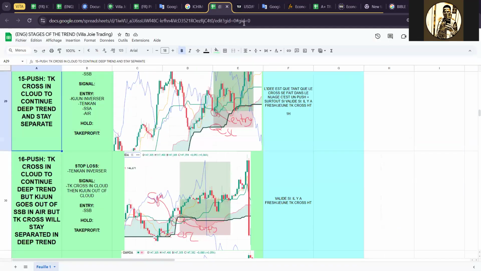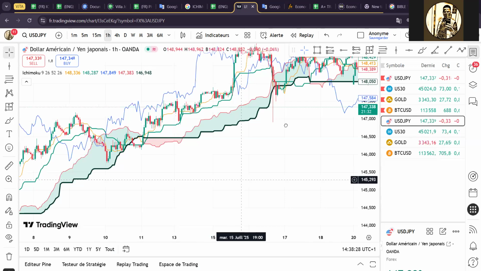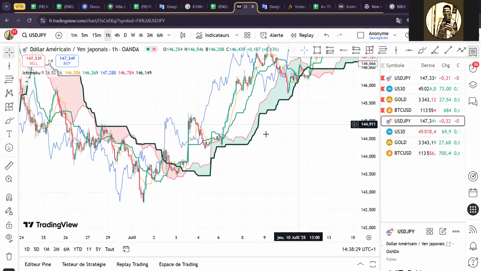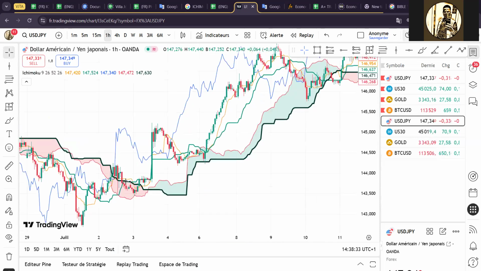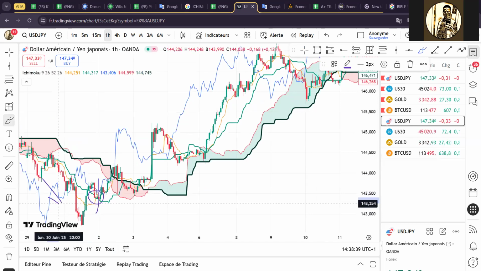The push, what is the push? The push is the fact that each time TK makes another cross above SSB, like the first TK cross for this new trend. The trend was first of all a downtrend, right? Then the new trend started from here. That is now an uptrend.